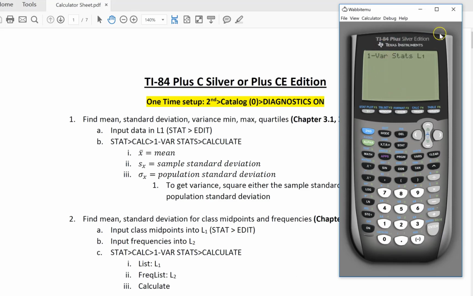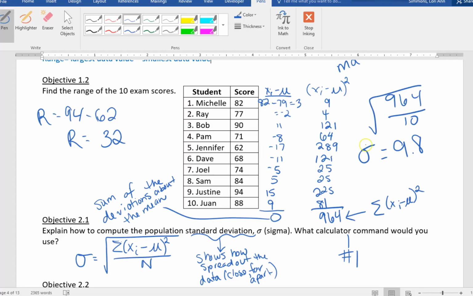So if you do have this calculator, I would maybe make some notes on your note sheet of anything that you might not be certain on. And even if you do have these calculators, if you're still not sure how to do something, write down. These notes might not be perfectly clear. So right here I'm seeing sigma is equal to 9.8. And that's what we calculated right here.